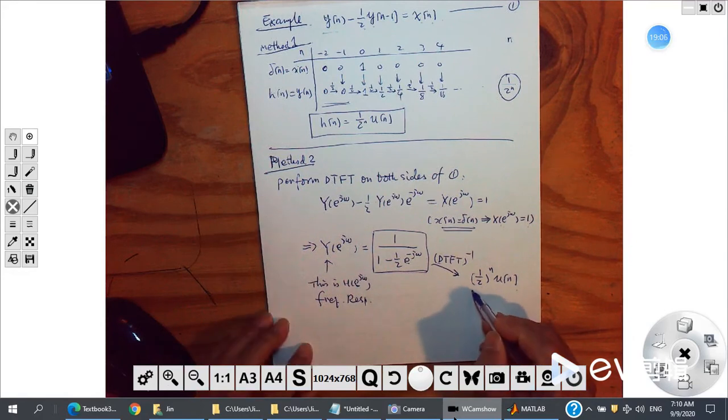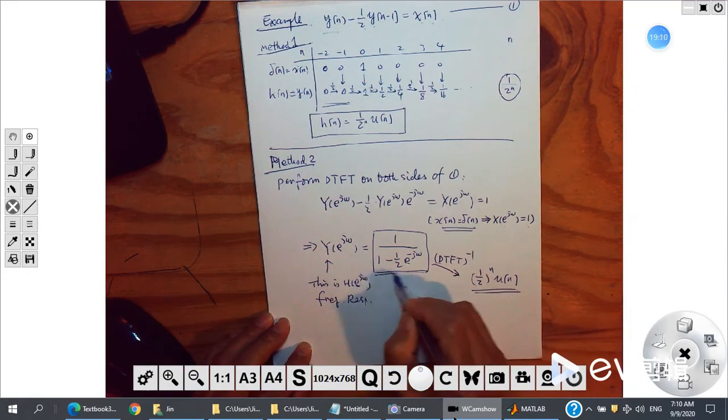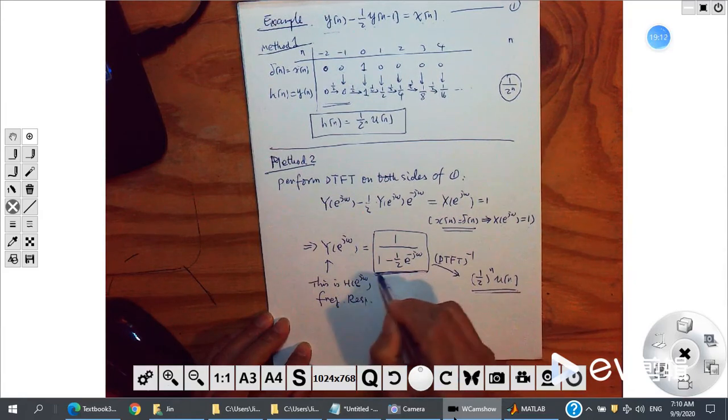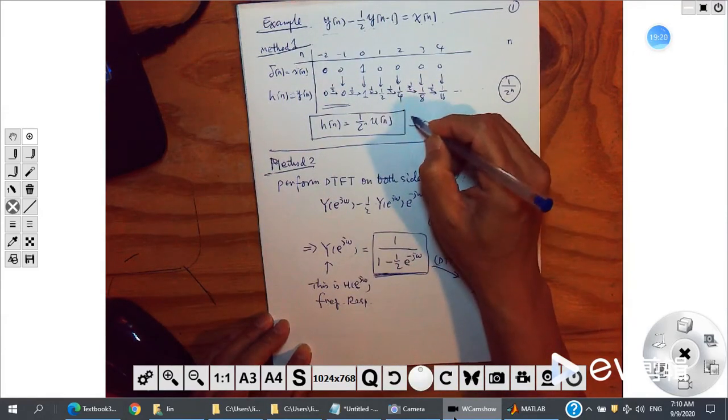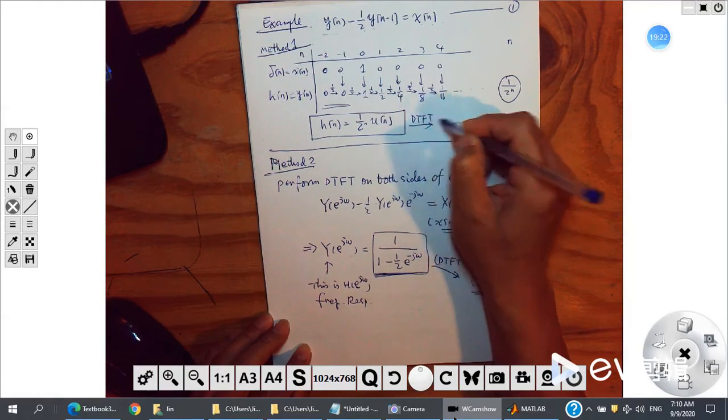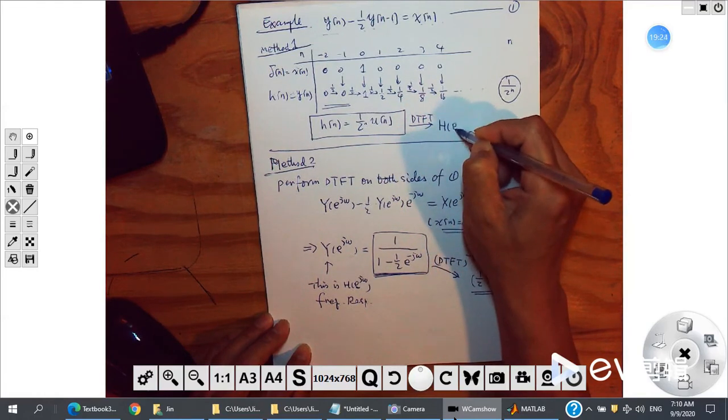We have the impulse response, and we also have this h, the frequency response. By the first method, we can also get the DTFT, capital H of e to the j omega.